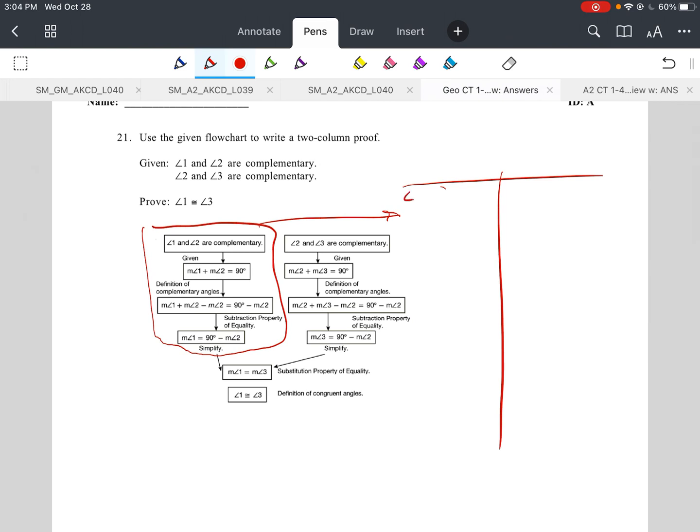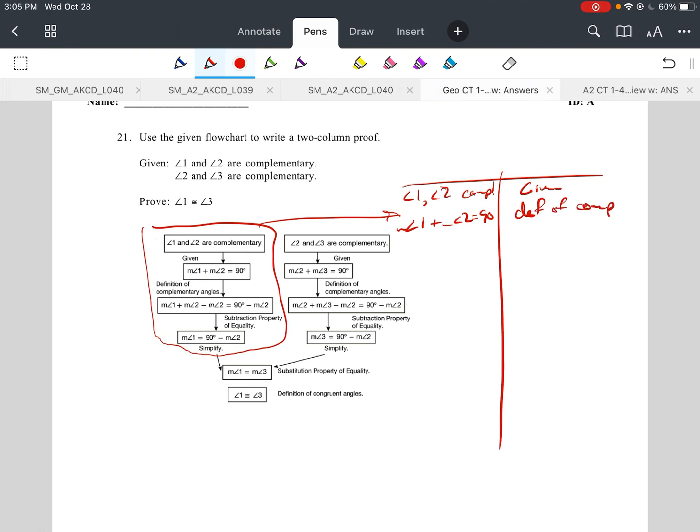So like angle 1 and angle 2 are complementary, and that's given. Angle 1 plus the measure of angle 2 equals 90. That's the definition of complementary.